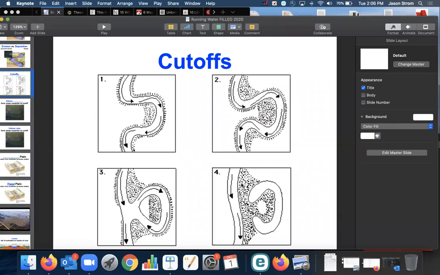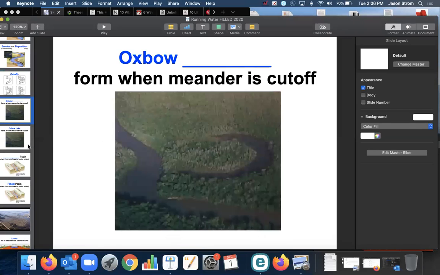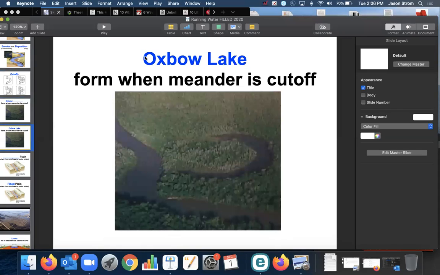Eventually, what can happen is that fills in with sediment and isolates this little body of water over here, which we call an oxbow lake. So this was a meander at one time. The river used to flow from its main channel into this meander and then continue on.